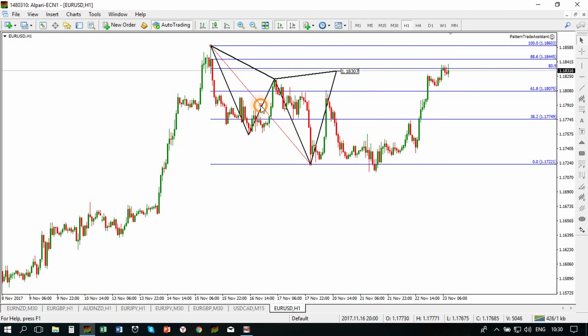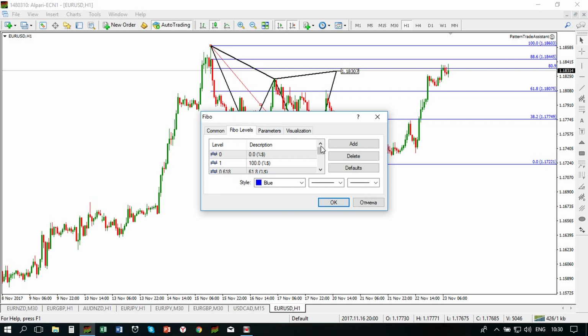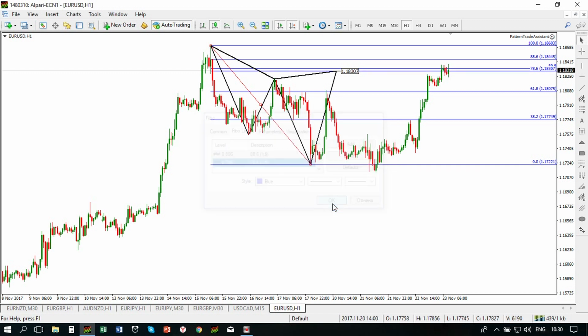80.9 is my level, and let me enable the conventional level of Cipher. Add one, 0.786, and it should be called 786 percent dollar. Percent dollar means that in brackets it will be price, so we have some price.